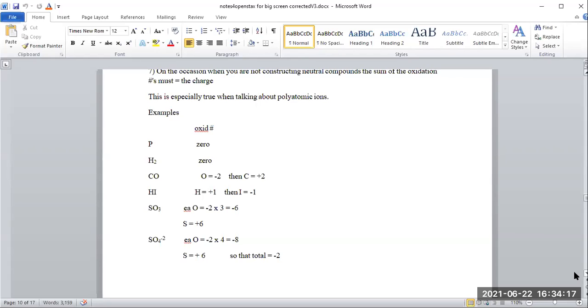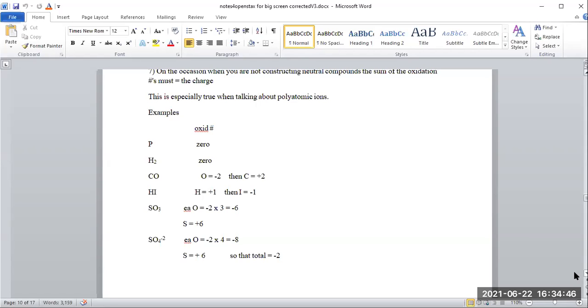How about hydroiodic acid, HI? Well, it's two nonmetals, but hydrogen's normal. It's a +1. The iodine's a -1. How about sulfur trioxide? Note, there is no charge. It is not a sulfite, because if it was a sulfite, it would have a -2 like the molecule below it.